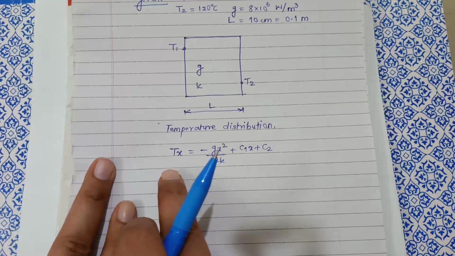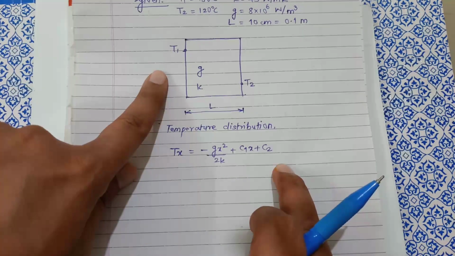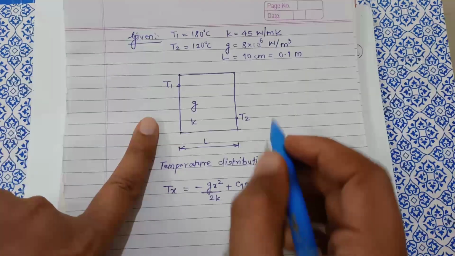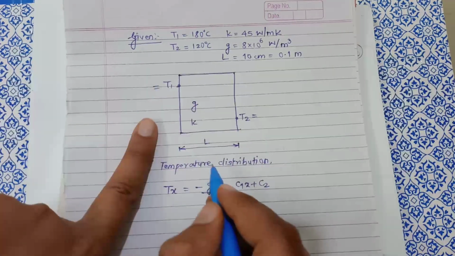If we want to determine this entire expression for this given case, then we need to substitute the boundary conditions. So which are the boundary conditions which are given to us?